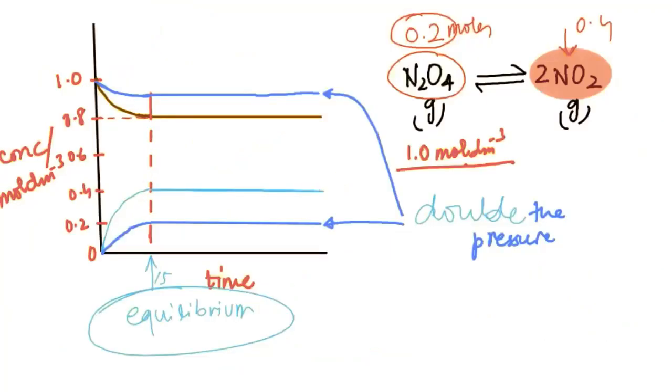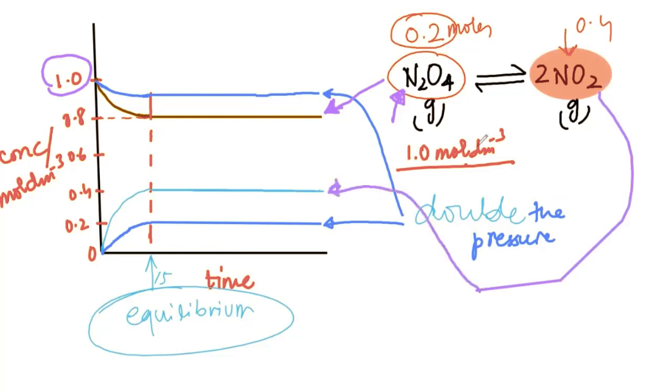On this board, I asked the student to look into a reaction for N2O4 at equilibrium. Initially, we used 1 mole of N2O4, and the equilibrium concentration is 0.8 moles per dm³, while the equilibrium concentration is 0.4 moles per dm³ for nitrogen dioxide, the product.